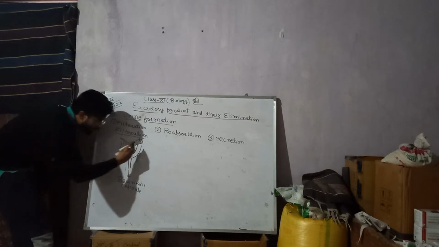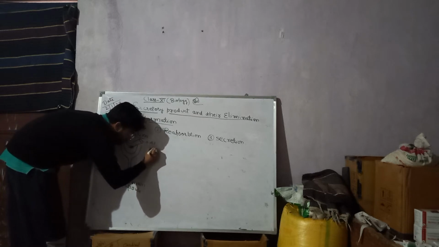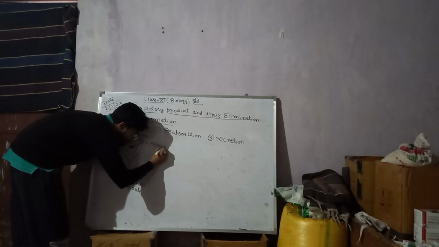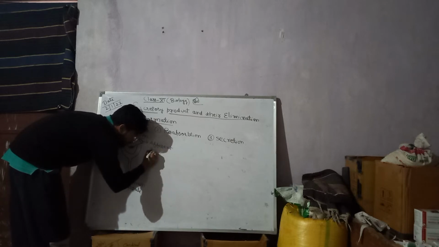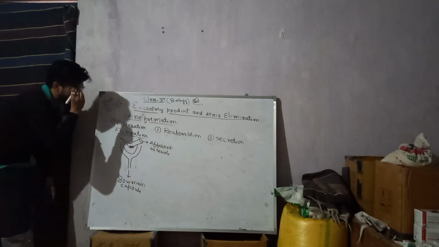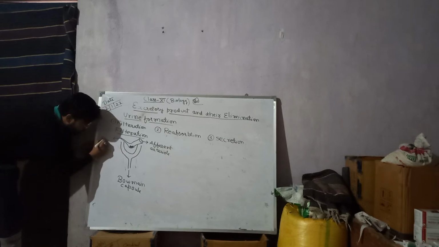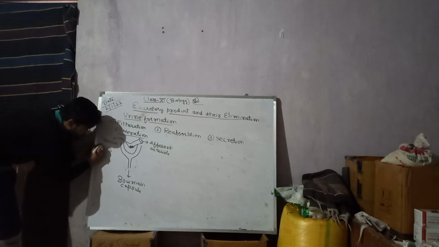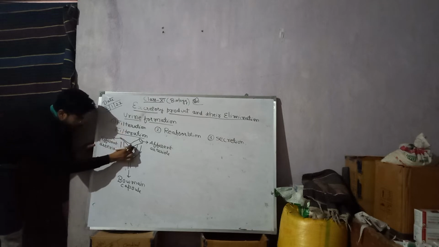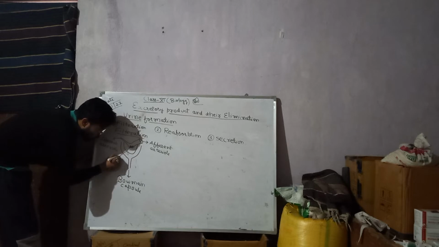This thick blood capillary is known as the afferent arteriole, this thin blood capillary is known as the efferent arteriole, and here the fine blood capillaries are present. This one is known as the glomerulus.